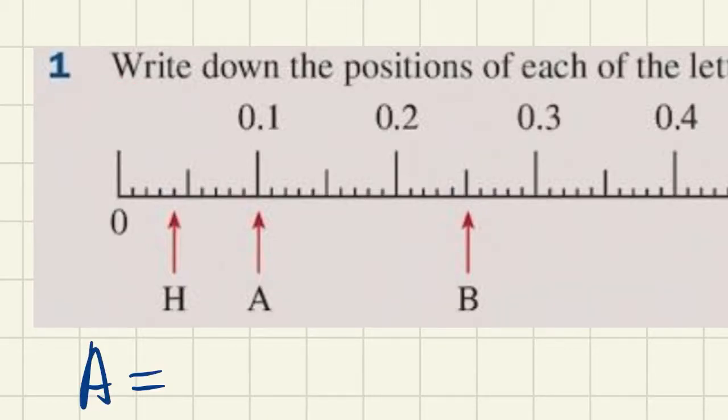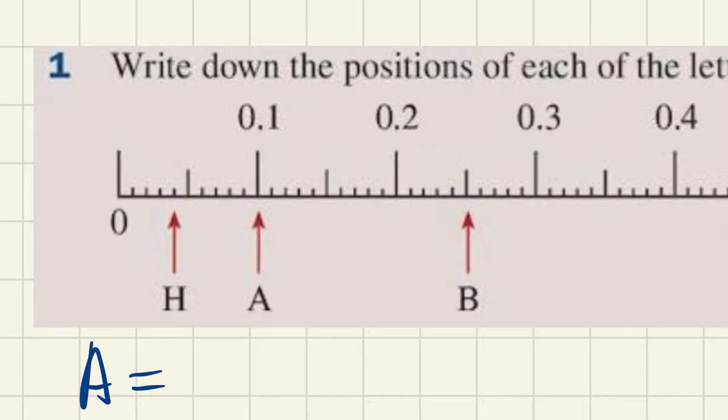So what do we have? Here we have 10 again, right? We can count it just to check. 1, 2, 3, 4, 5, 6, 7, 8, 9, 10. So what happens if we have to get from 0 to 0.1 in 10 steps?